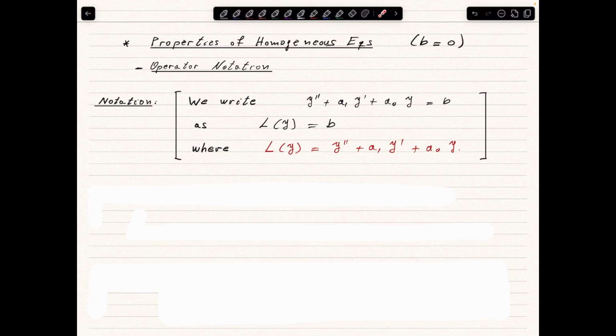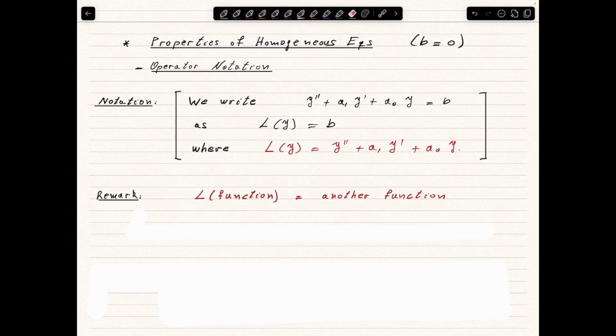It turns out that we are using this notation L of y, very similar to the notation of a function f of x, for example, equal x squared, because this is the notation for functions. And actually we are using that notation because this L, once we introduce this shortcut, is also a function.